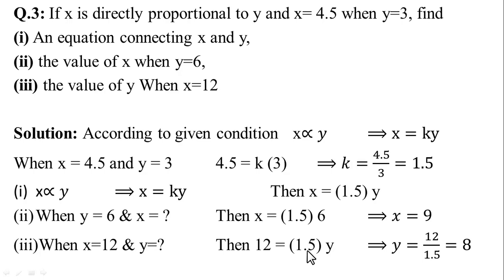Now 1.5 is divided on the other side, then y is equal to 12 divided by 1.5. Now dividing 12 by 1.5 is equal to 8. So the third part answer is y is equal to 8.